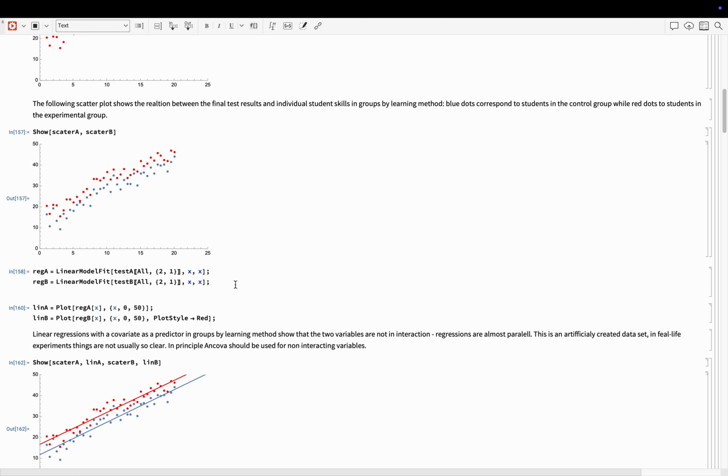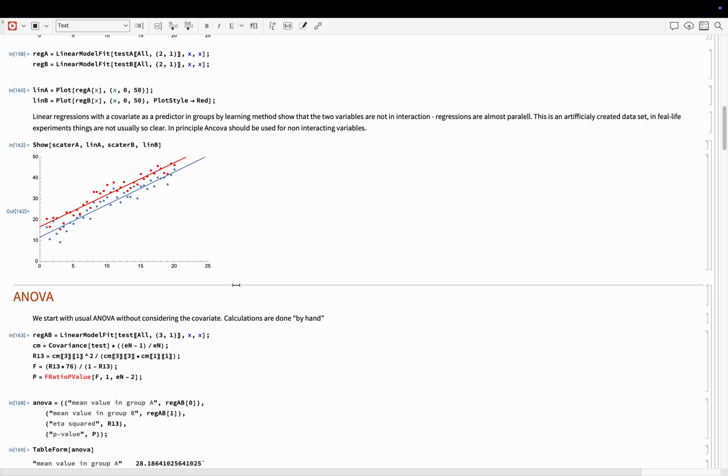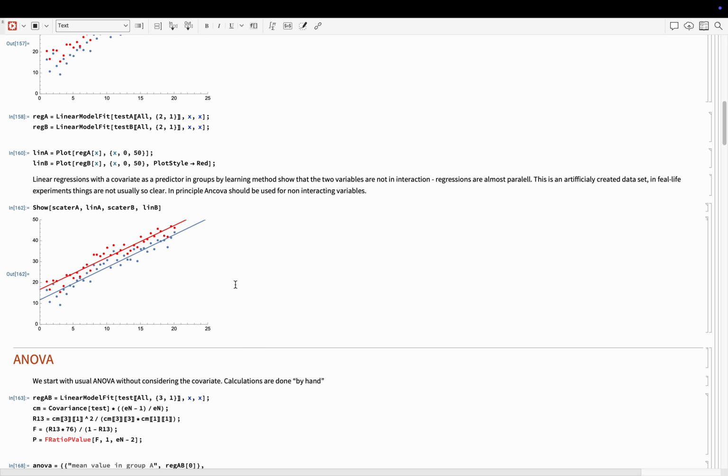What is important for ANCOVA is that there should be no interaction between the covariate and the experimental variable. The interaction can be investigated by looking at linear regressions in groups. Here we have the same scatter plot with superimposed linear regressions.